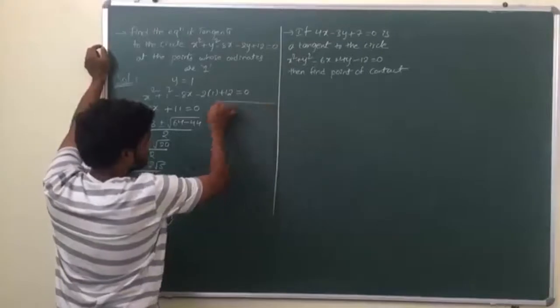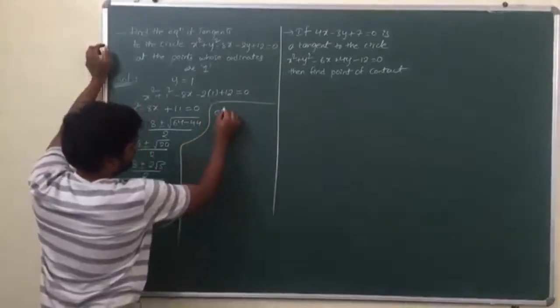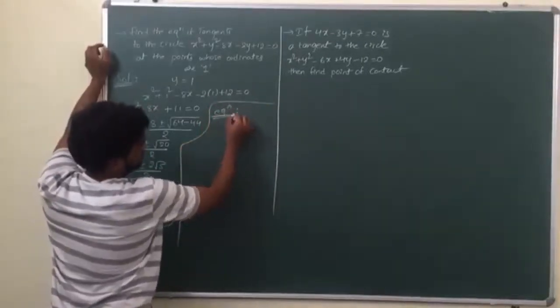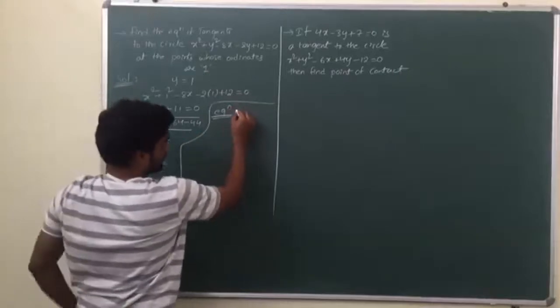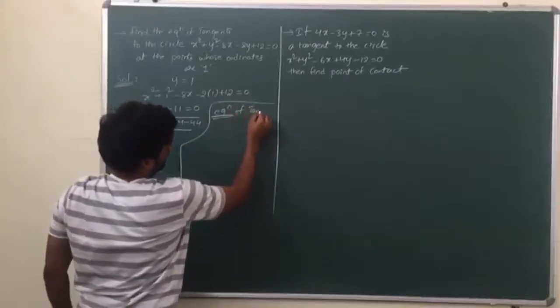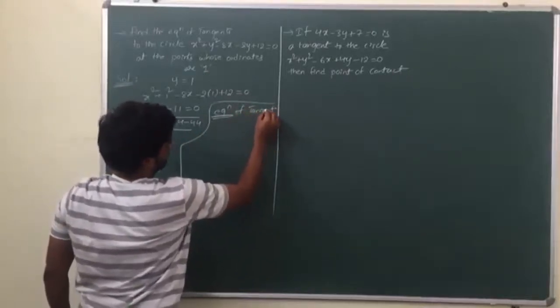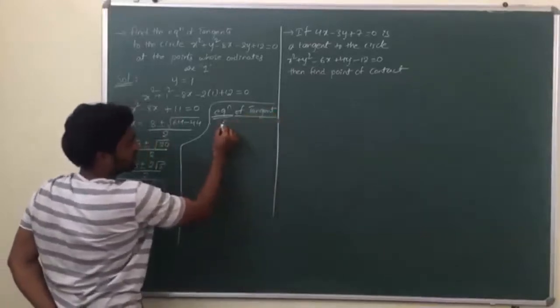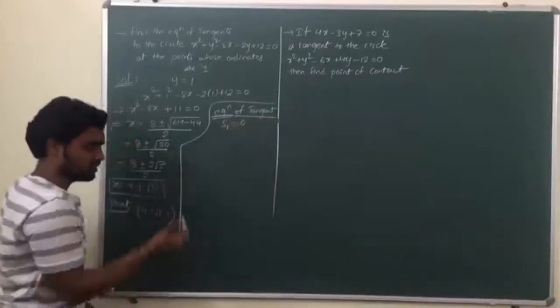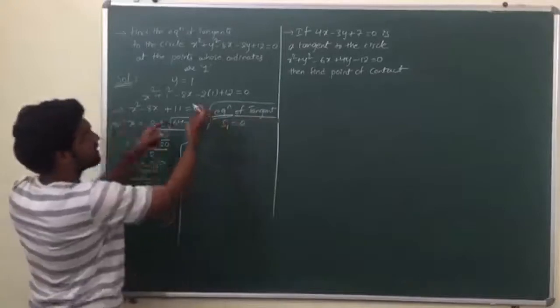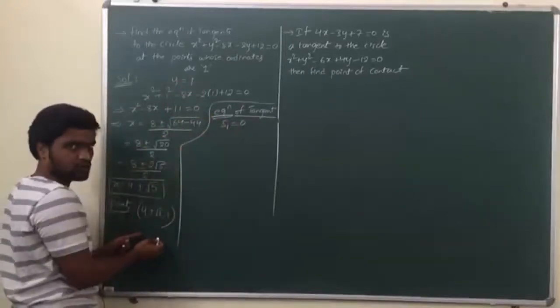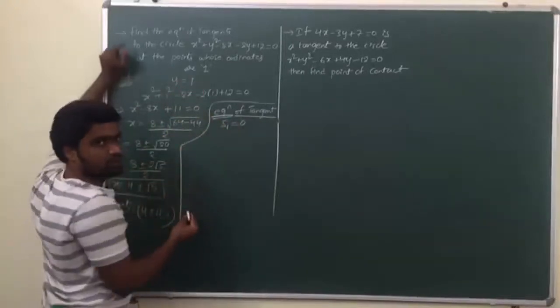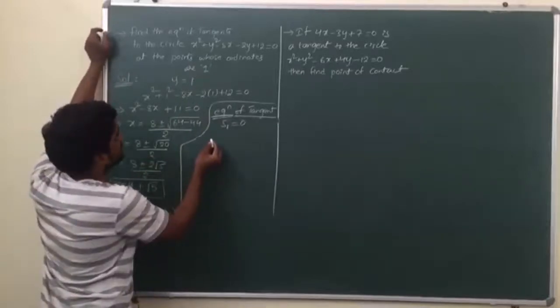Okay, now how to find the equation of tangent? The equation of tangent to the circle at a point is S1 is equal to 0. So how to find S1? x into x1.